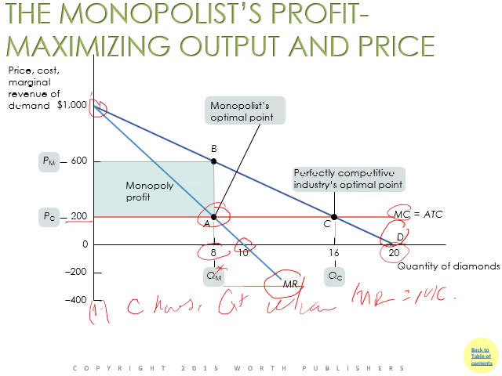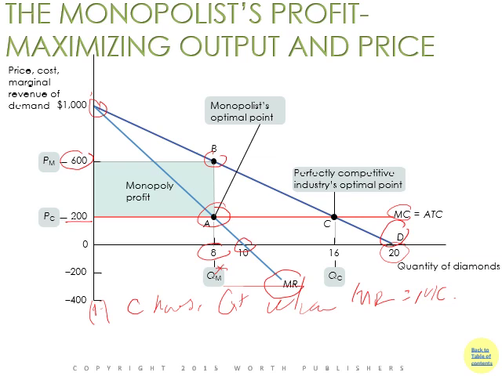The most common mistake students make is they say, well, we're just going to go over here and charge a price of 200. Well, the monopolist says, if we want to sell 8 units of output, we can go up to our demand curve, and what we're going to charge is $600. So at this price, the demand curve tells you the quantity demanded is going to be 8.